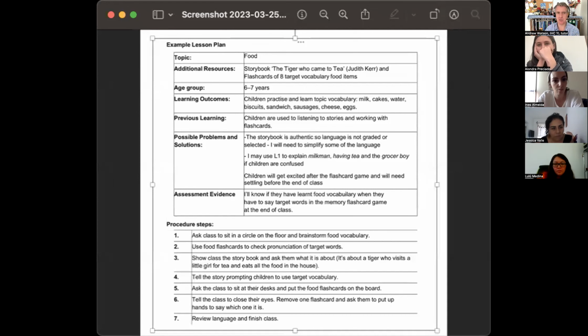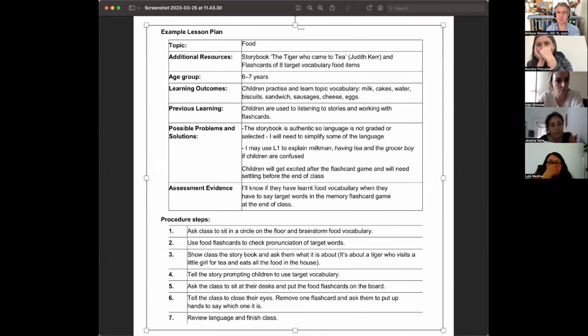Can someone read the first box for us, starting with food? In voz alta. So Alondra, could you start reading out the lesson plan aloud?